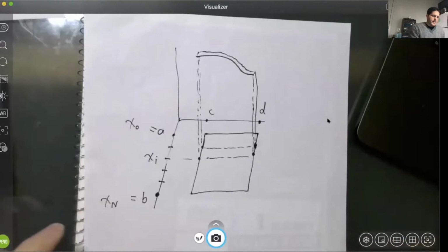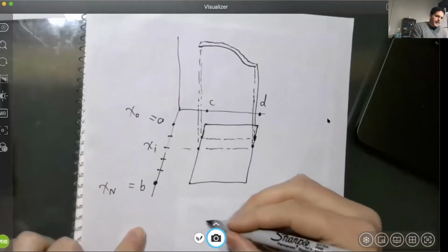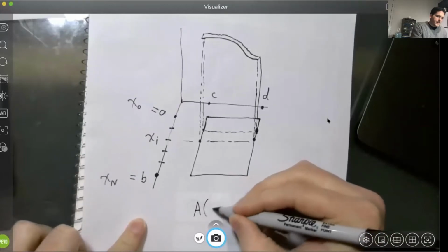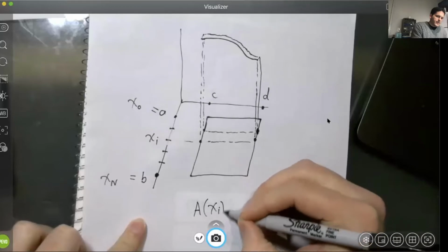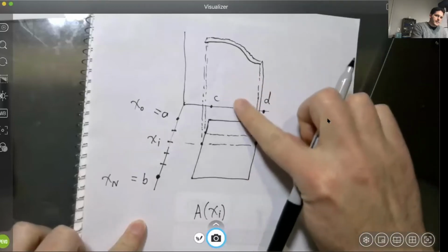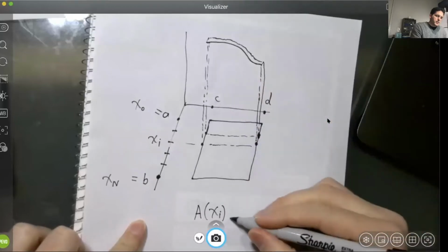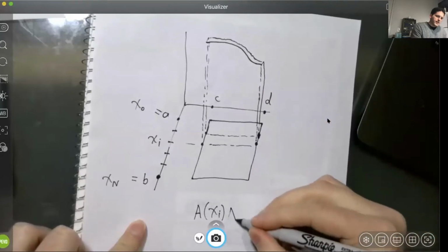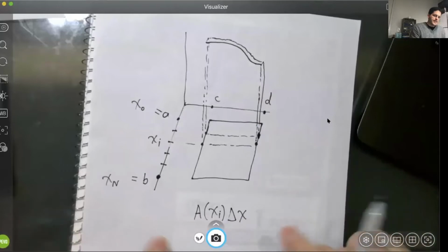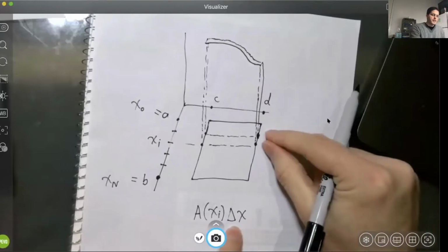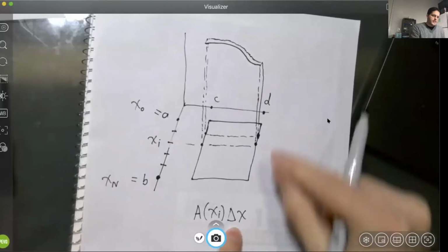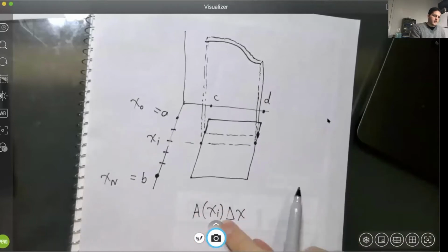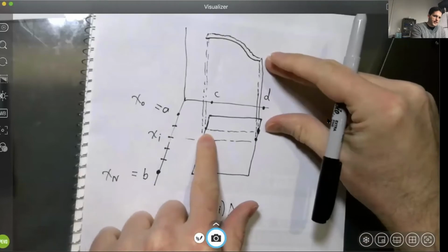So the volume of this slice is equal to the area of this surface of the slice multiplied by the width of the slice, which I'm going to call delta x. That's the width of one slice. And so this surface area times this width gives us the volume of this particular slice.